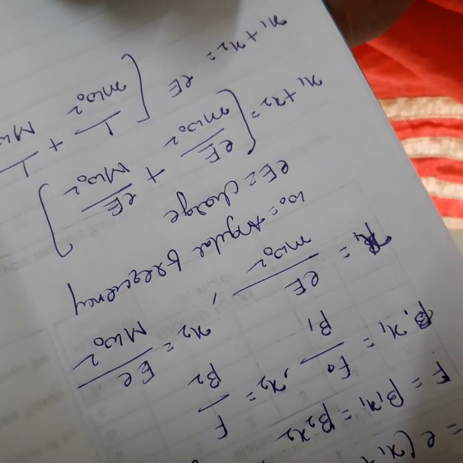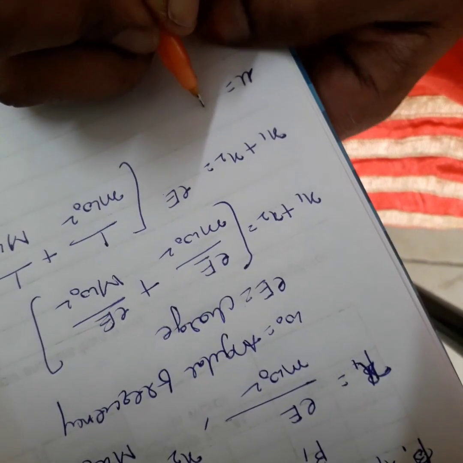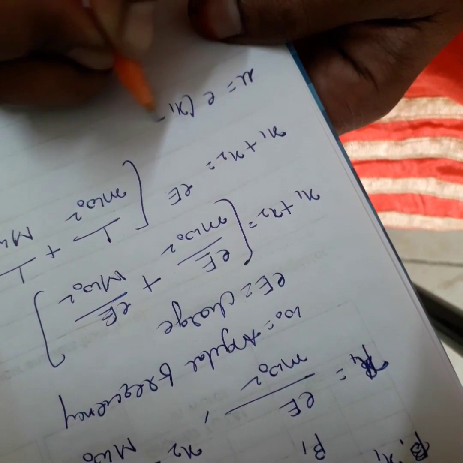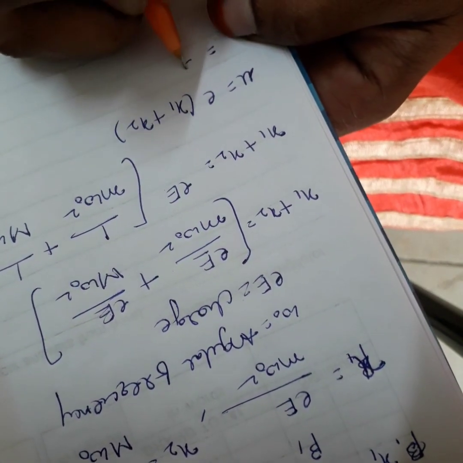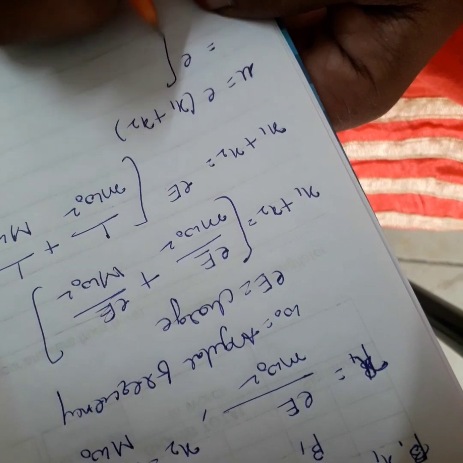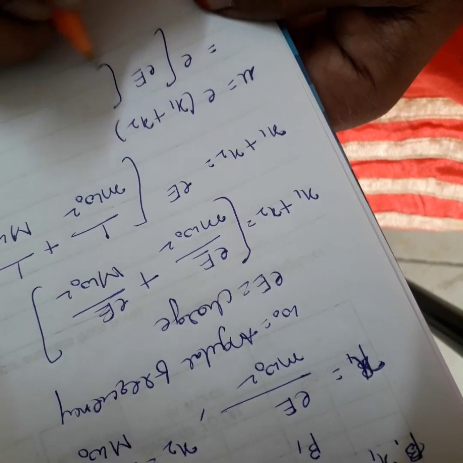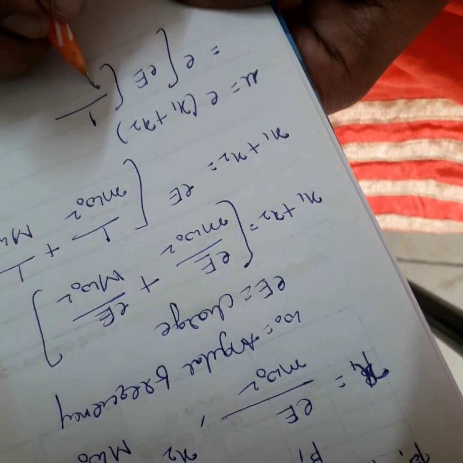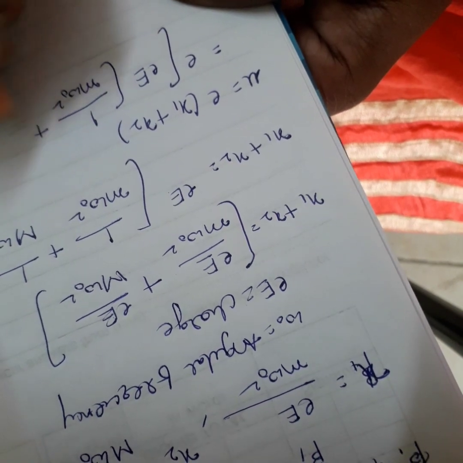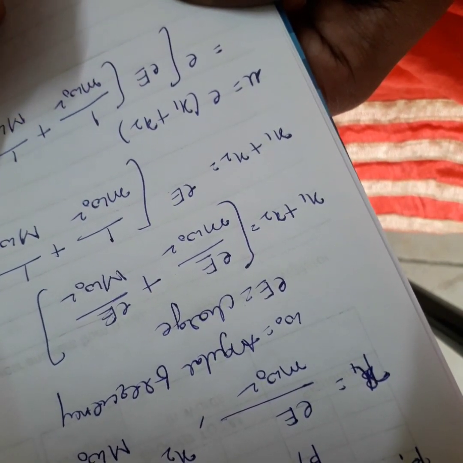And from the polarizability formula, mu is equal to E into x1 plus x2, which is E into EE by m into omega naught square plus 1 by capital M into omega naught square.